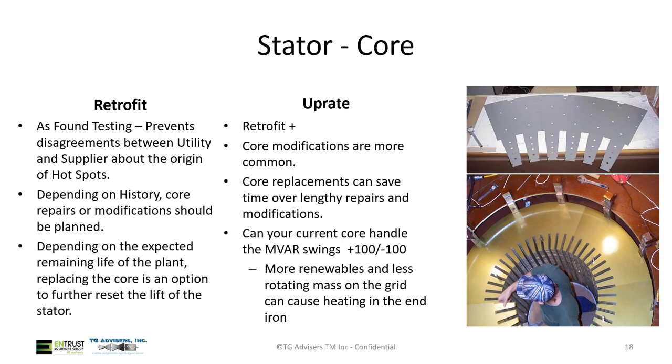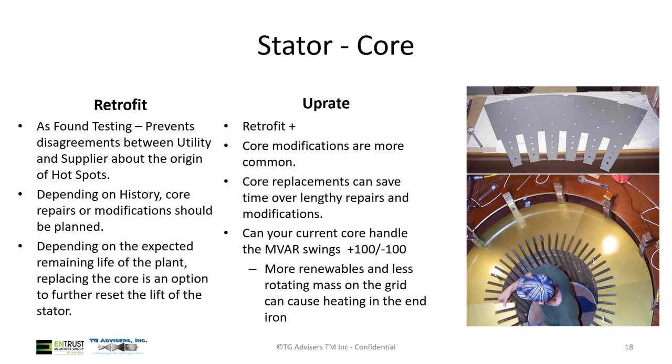Either way, you have to fix it, so it ultimately doesn't matter. Depending on the core and its history, core repairs or modifications should be planned. If you already know you have hotspots, you really need to plan on repairing those, because you'll never have a better time than when the coils are out.